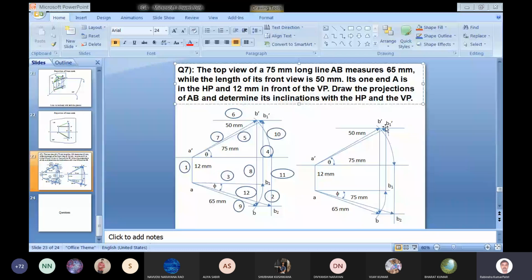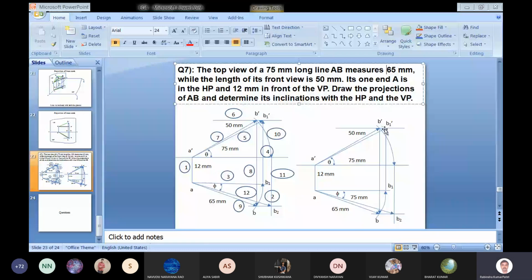So we just keep on moving in this direction. After that, we have the length of 75 millimeters of the line AB. So we can draw an arc from this point A dash here, so that wherever we get the intersection of this vertical line and the arc, we will get a point. We will get a point B1 dash.